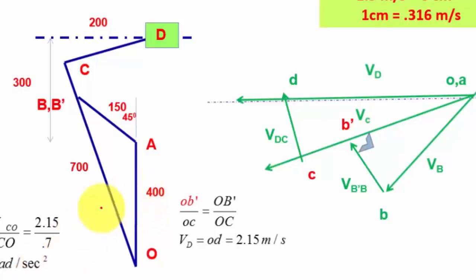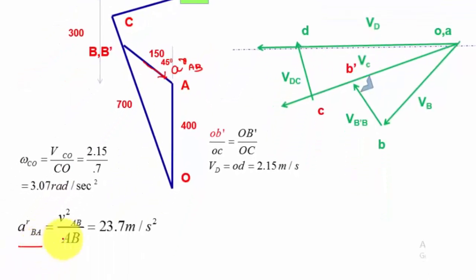So the first radial component, A radial of AB. The formula for radial component is V squared of the corresponding link AB divided by AB. VAB is already known, 1.9 meter per second, divided by AB length, also known, 0.15 meter. From that, A radial of BA is 23.7 meter per second square.